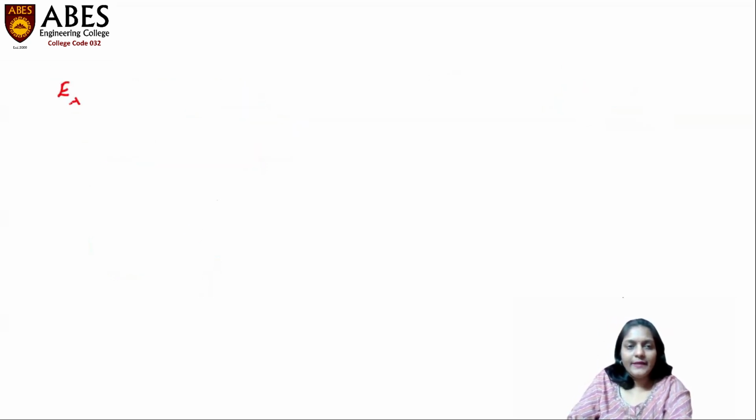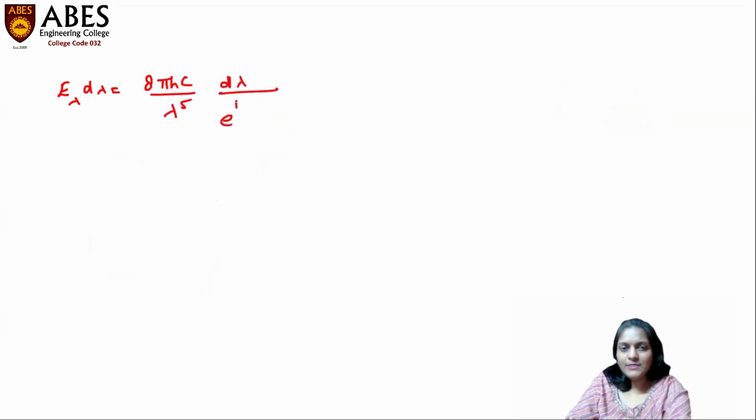For this, I am writing it again. E lambda d lambda is equal to 8 pi hc upon lambda to the power 5, 1 upon, d lambda upon e to the power hc upon lambda kT minus 1.